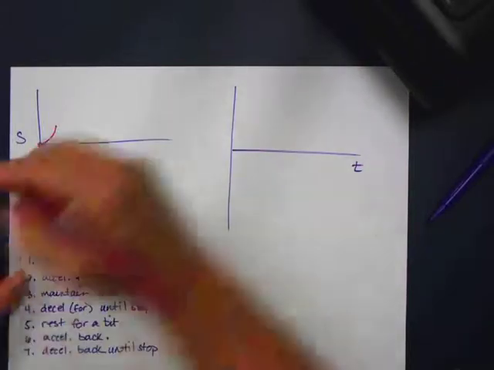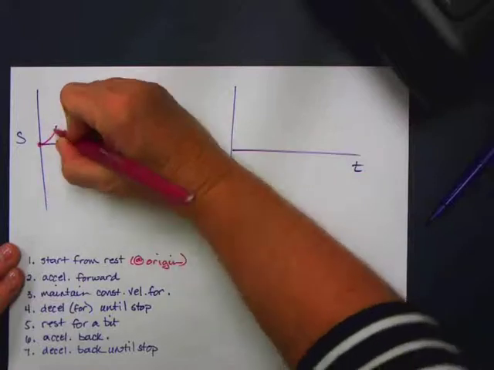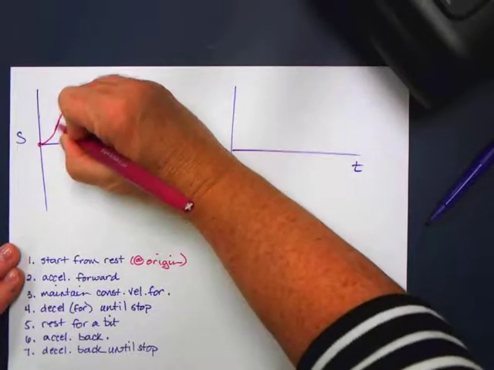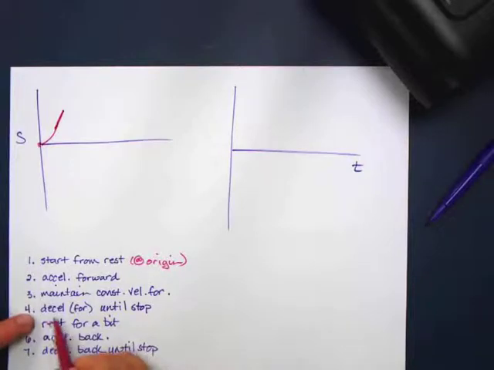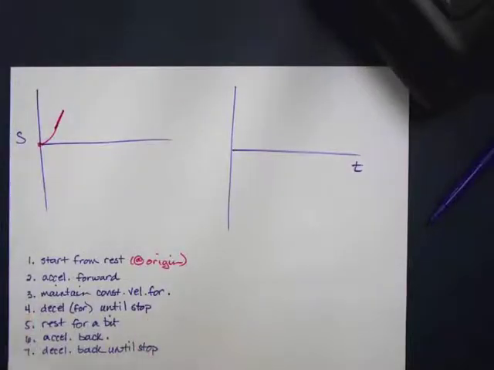Okay. Maintain constant velocity. That's going to be a straight line, so I've got a little too curvy here. So straight for a while, okay? Decelerate forward until you stop. So now we're going to get curvy again whenever you accelerate or decelerate. Okay, so with your physics pointy finger, is it going to be a positive slope or a negative slope for deceleration forward?